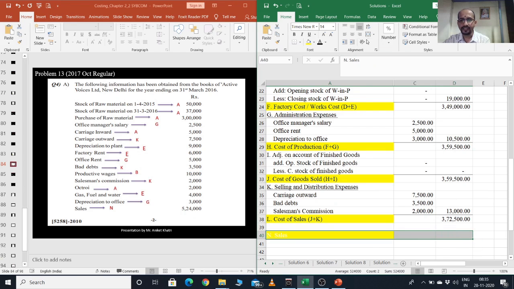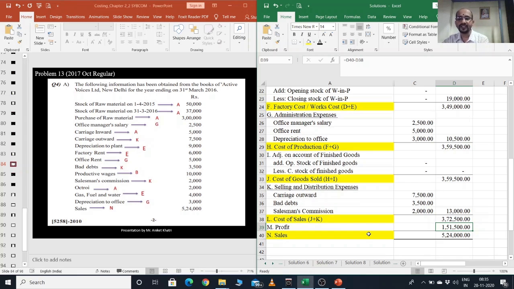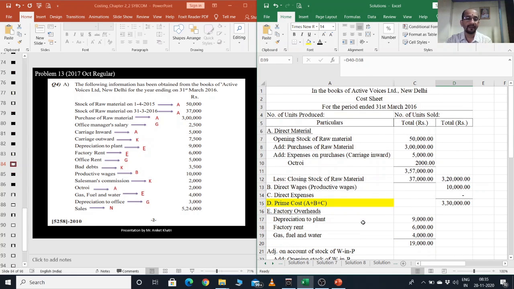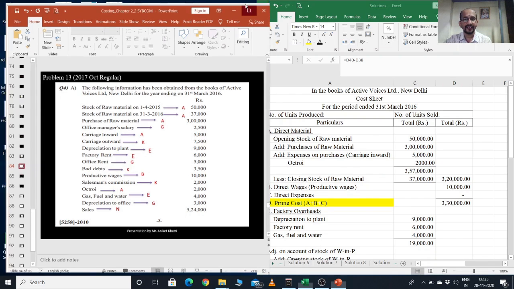The sales figure is 5,24,000. Now we need to find out the profit, right? So how to find out profit? You need to subtract this 3,72,500 from 5,24,000, and that will be your profit. This is 1,51,500. Okay, so thus we have completed our 13th problem over here.